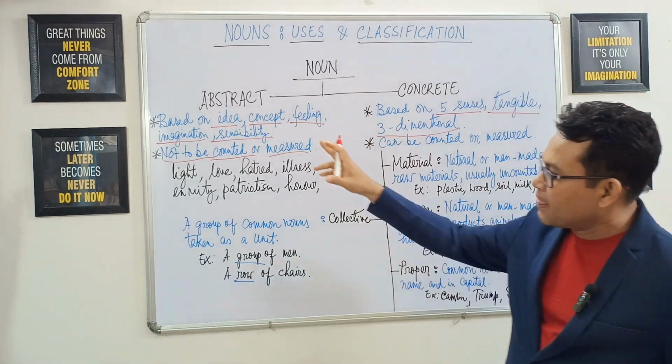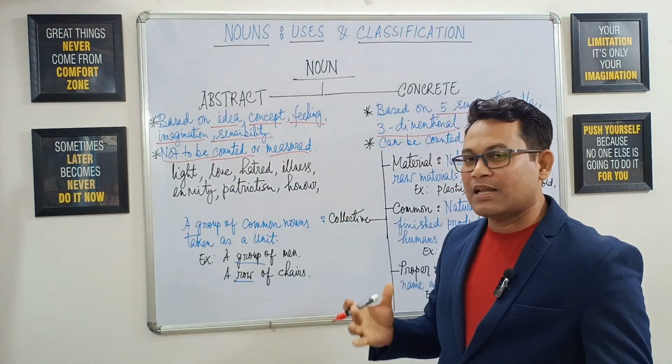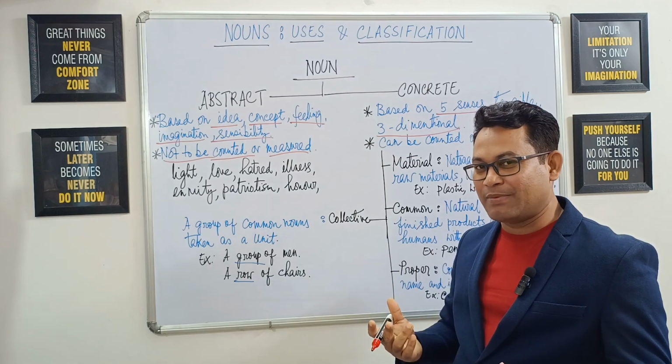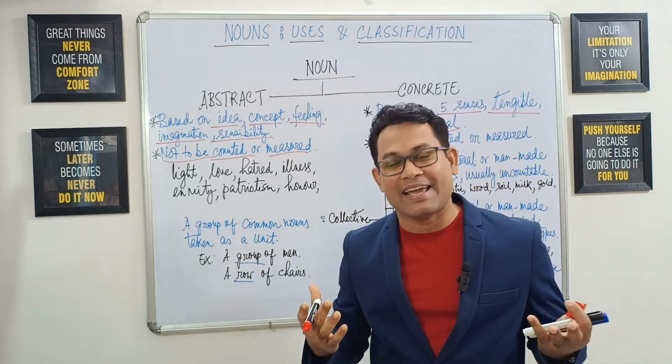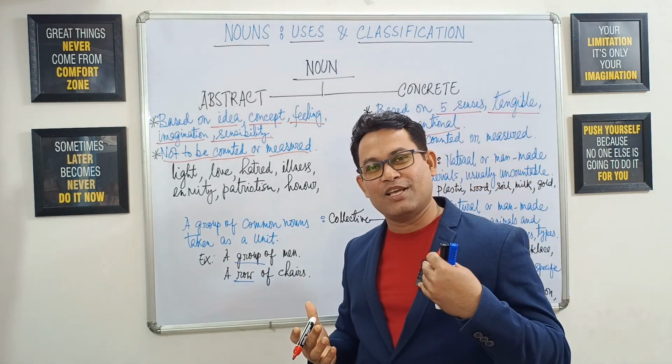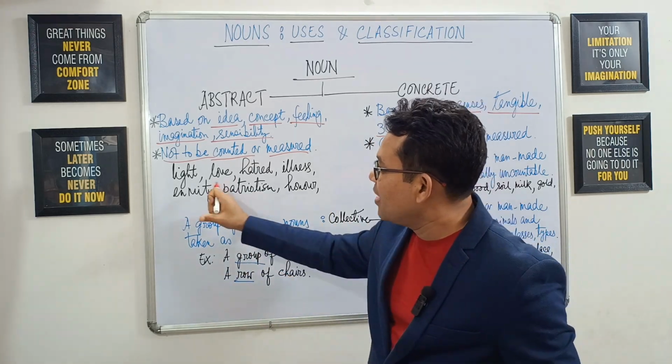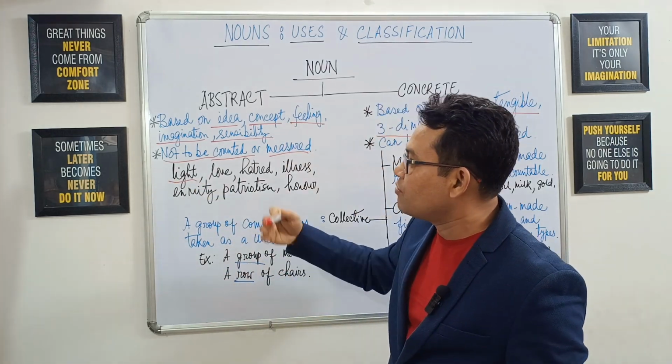Let us take an example. Light: we can measure the brightness of the light, but we can't measure light. In fact, we can see other things with light, but we can't see light itself. So light is an example of an abstract noun.